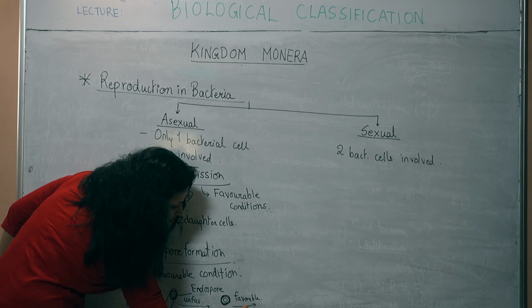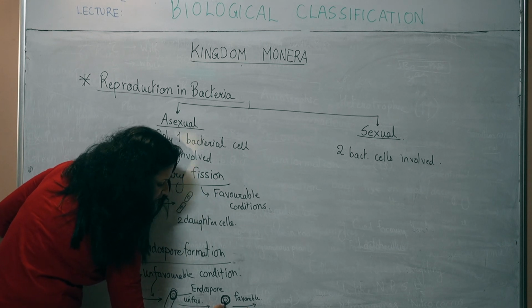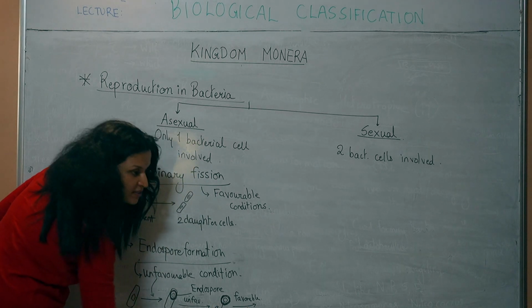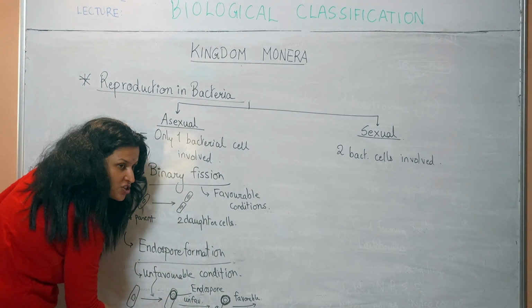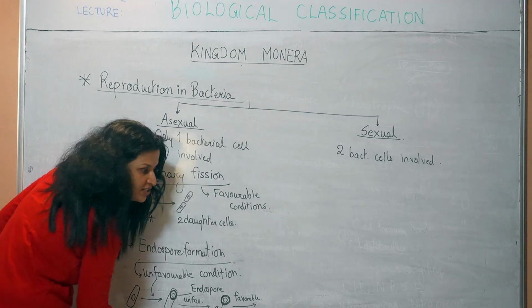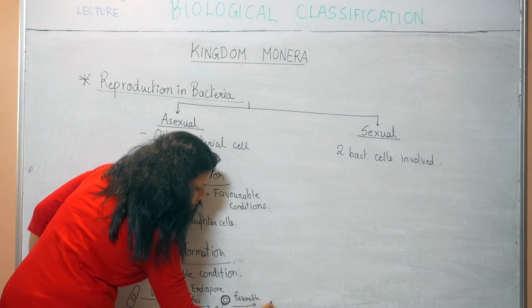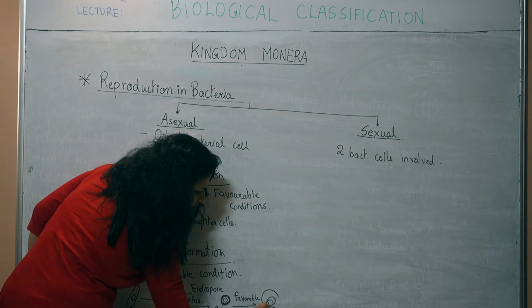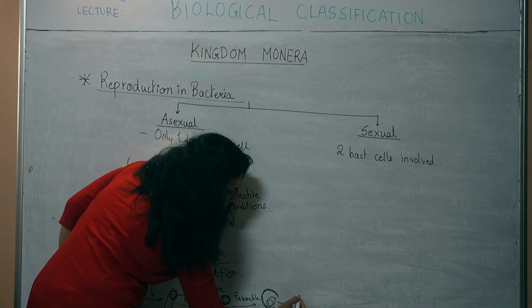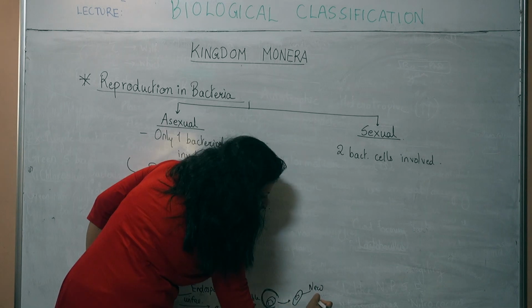Upon the return of favorable conditions, the genetic material inside, which carries all the genes to produce the structural components of this bacterial cell, will produce all the structural components around itself and will come out of the endospore as a new bacterial cell, a new daughter cell.